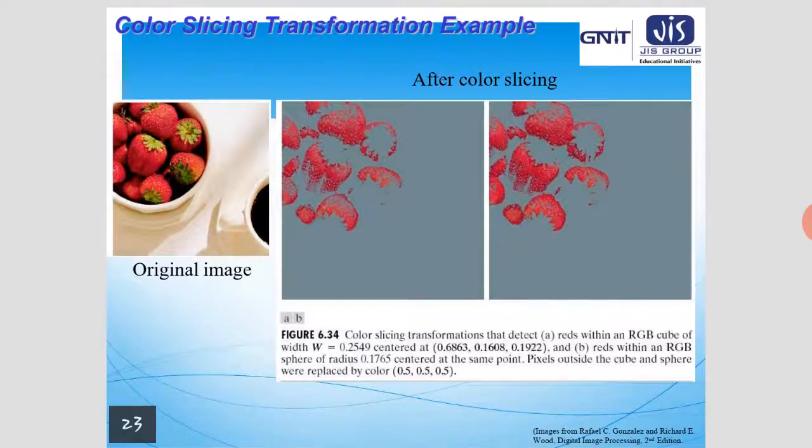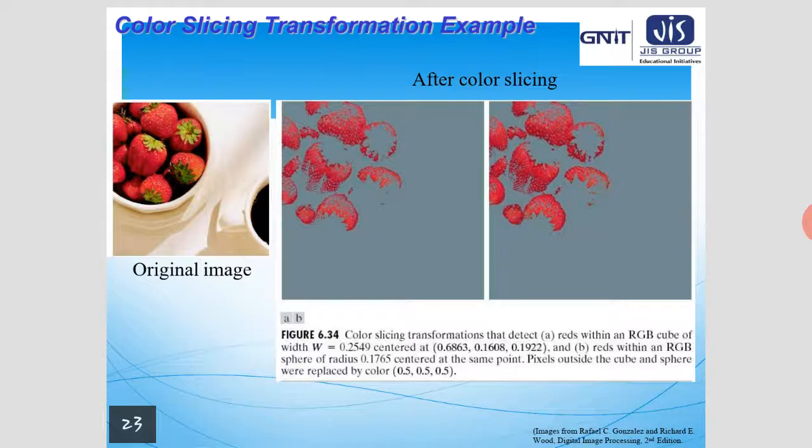The example for the color slicing transformation has been given here. The first one is the original image, and the first result is the reds within an RGB cube of W equals 0.2549 centered on the reds, and the second image is the reds within an RGB sphere of radius 0.1765.